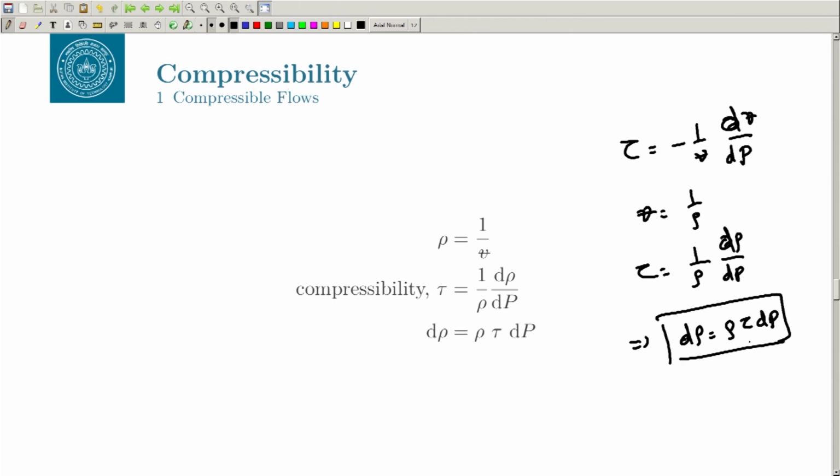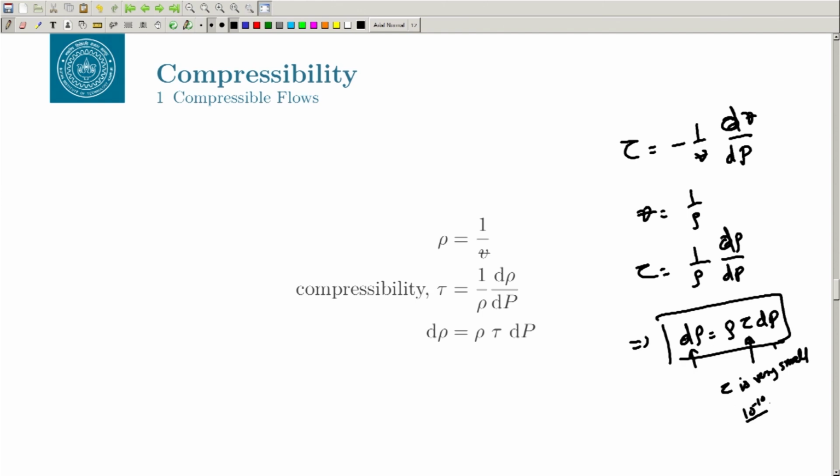So, this tau, compressibility, is basically the property of the fluid. If the tau value is very small, even if you apply a great deal of pressure, your change in rho will be very small. As we discussed, for liquid the tau is around 10 power minus 10.